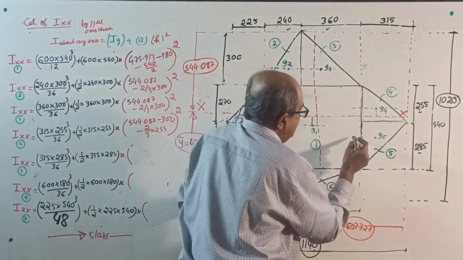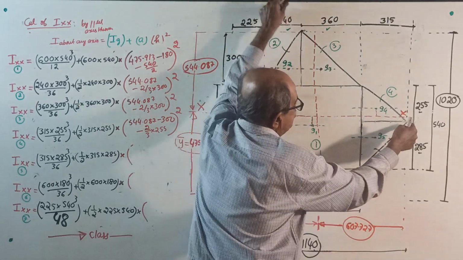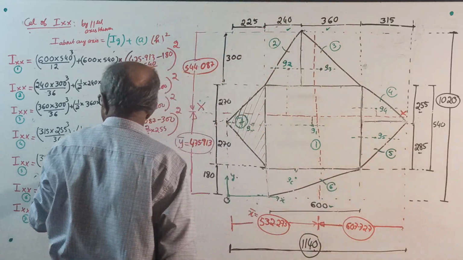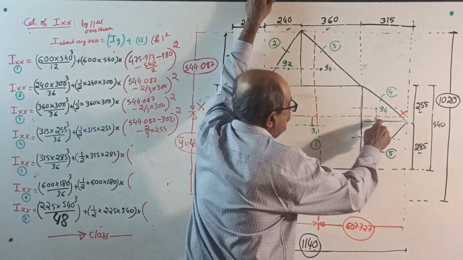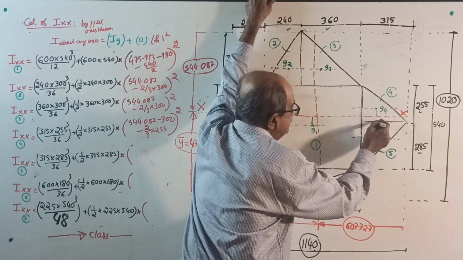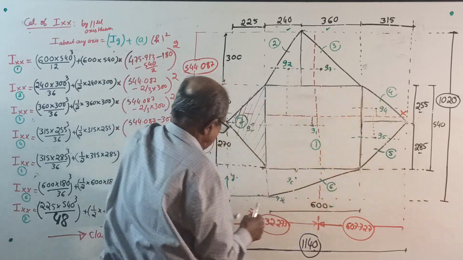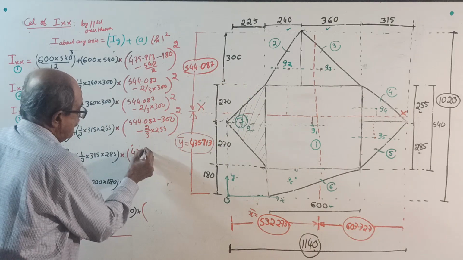Fifth one, I about its own centroidal axis: 315 into 285 cube divided by 36, plus area into the distance square from G5 to this XX. This full distance is 475.913.